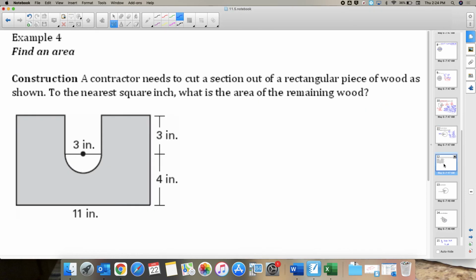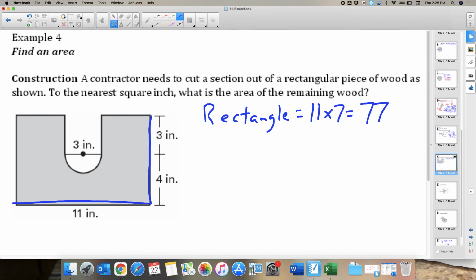All right. Next example says the contractor needs to cut out a section of a rectangular piece of wood as shown. To the nearest square inch, what is the area of the remaining wood? So we start with that whole rectangular piece of wood. So I'm looking at 11 by 7. So I have 77 inches squared.